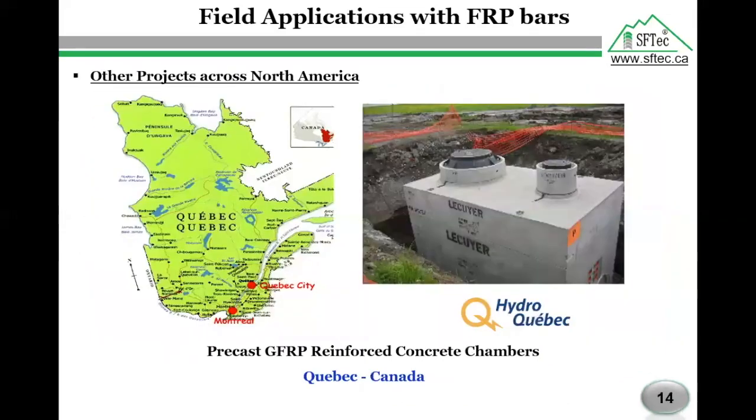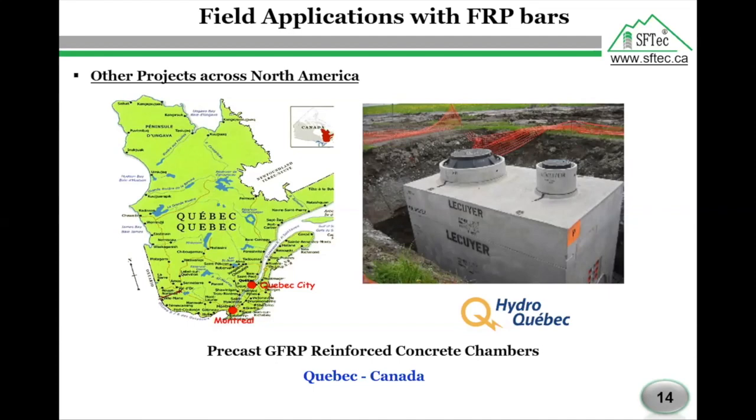I will shift now to other field applications across North America. These photos represent a project with Hydro-Quebec for a precast GFRP chamber. In this project, the steel bars have been replaced with GFRP, having the same diameter and reinforcement configuration, and then tested to determine the strength and behavior compared to the steel one.